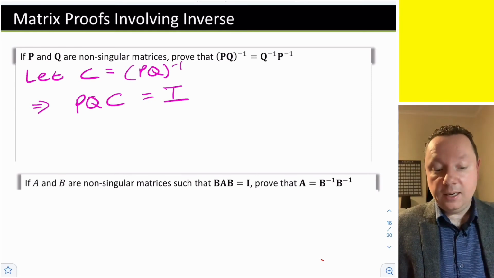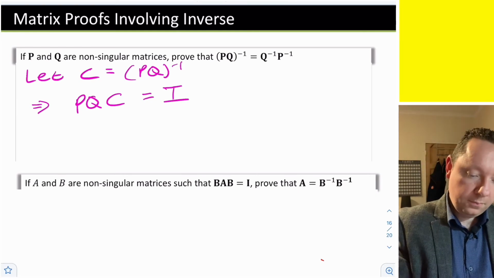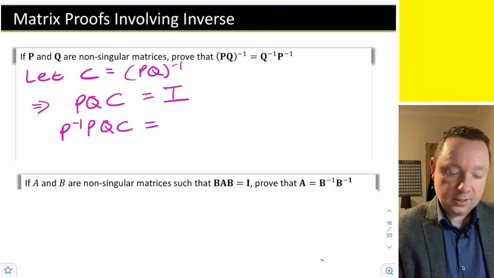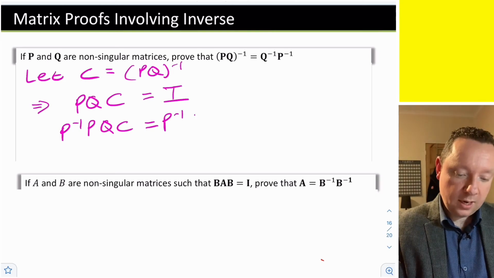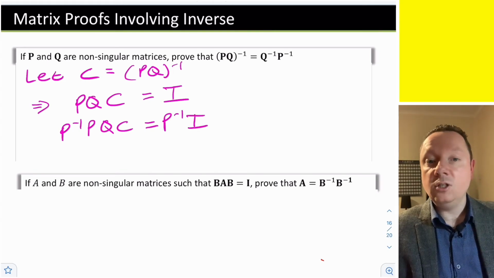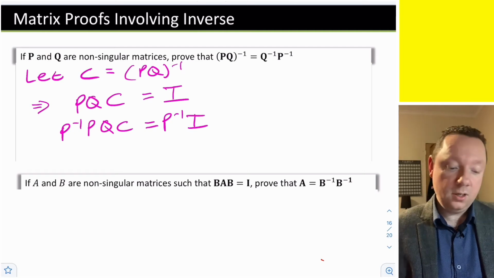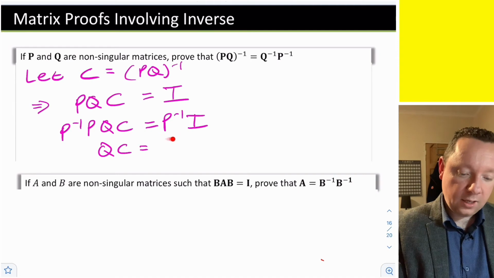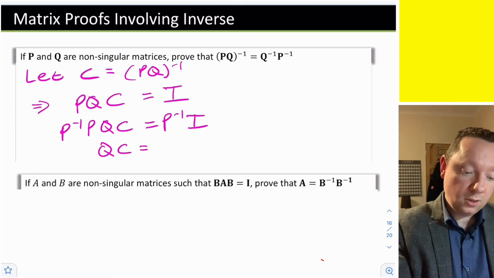So let's eliminate P. P inverse P QC must equal, doing the same with the right hand side, P inverse I. You can always eliminate a matrix by timesing by its inverse. Because P inverse P is I times this is QC. So we've now got QC equals, well, P inverse times the identity is just P inverse, because it's a matrix.